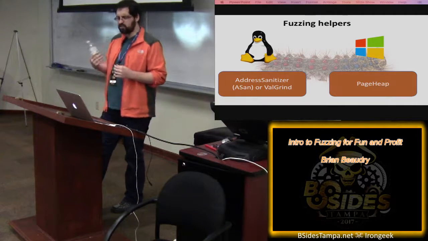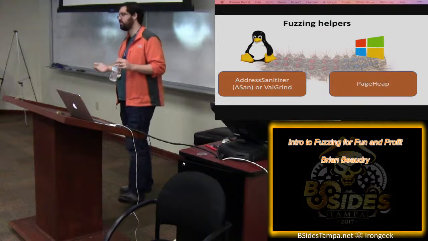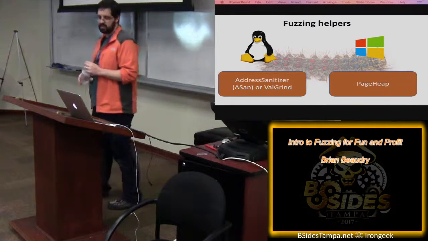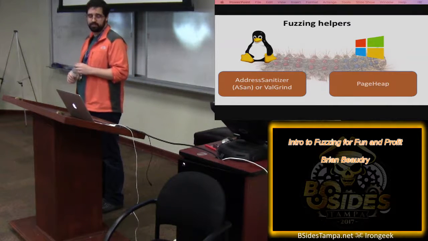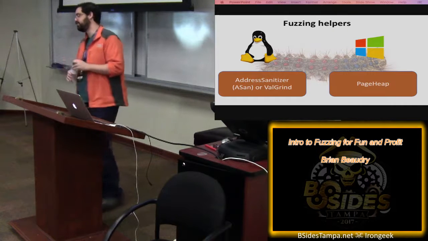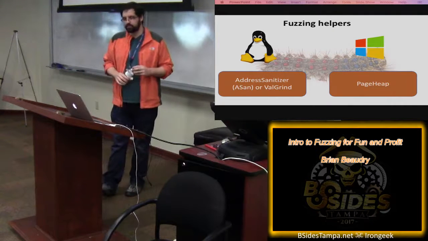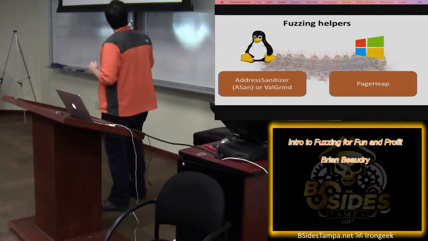AddressSanitizer. There are also some other sanitizers out there. If you Google AddressSanitizer, there's other stuff meant for finding more specific bug classes. AddressSanitizer is great for use after free and buffer overflows and that sort of thing. On Windows, PageHeap is the way to go.